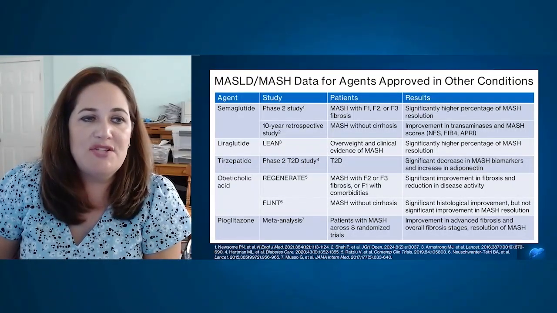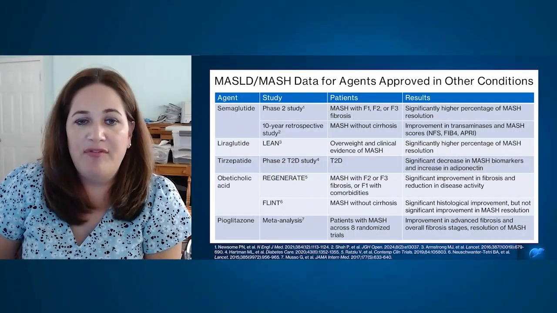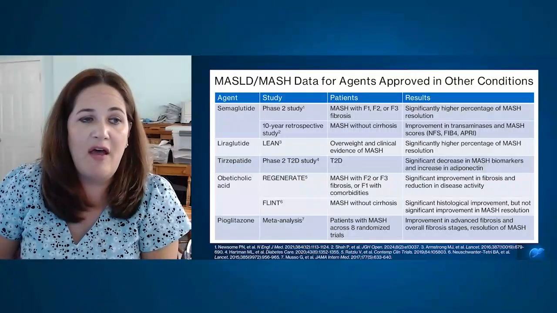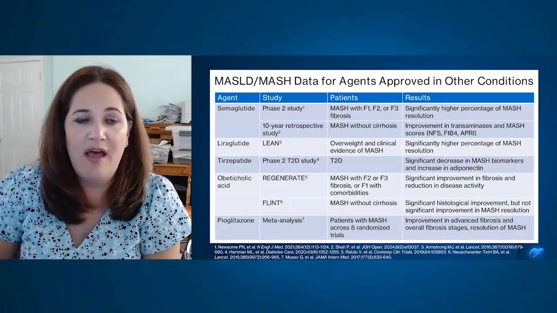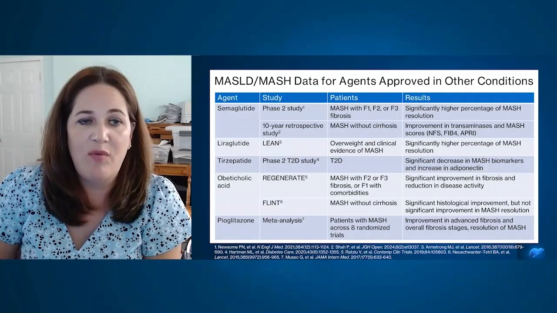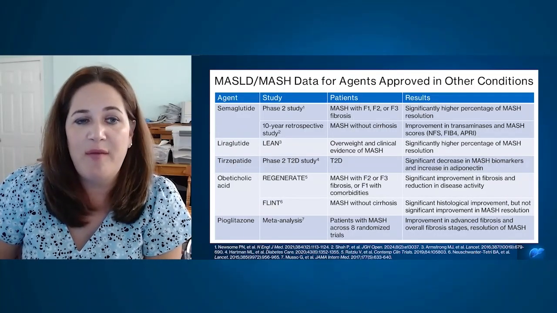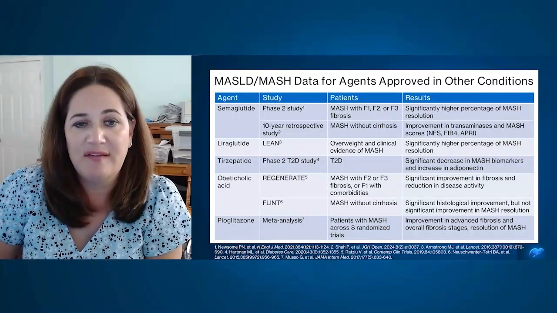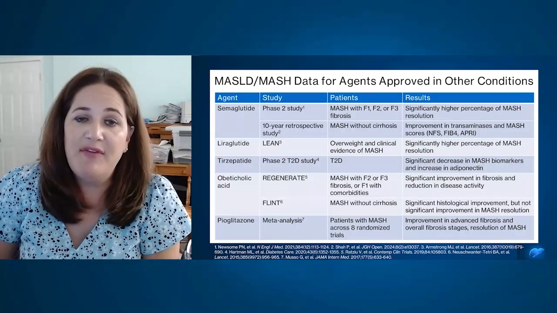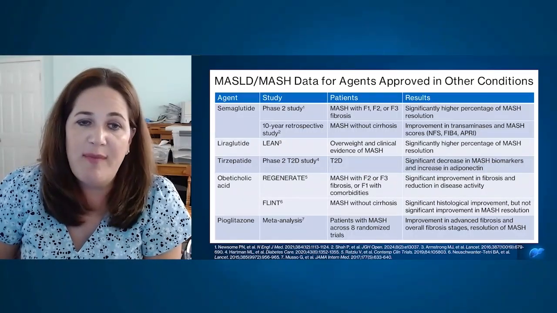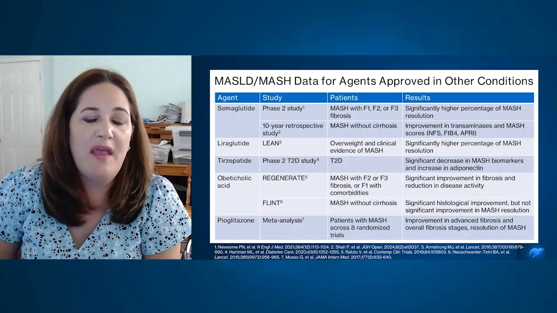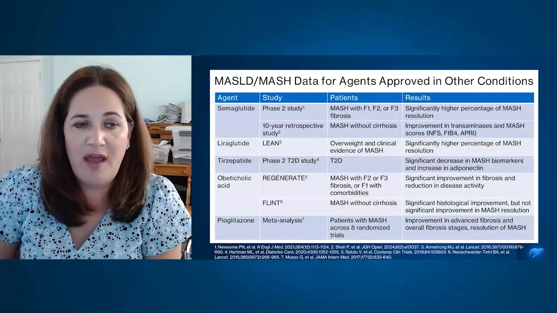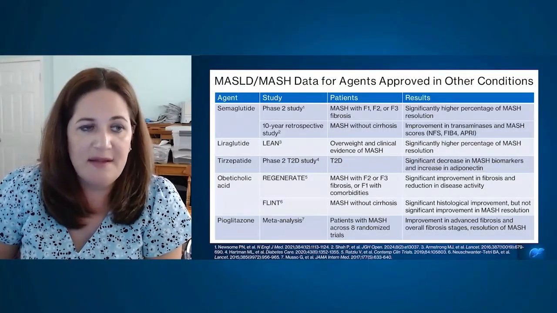There's some MASH and MASLD data for agents approved for other conditions. Semaglutide has been out there for a while, looking at patients with MASH, F1, F2, F3 fibrosis, and MASH without cirrhosis. Results have shown a significantly higher percentage of MASH resolution and improvement in transaminases, but again, not FDA approved for that yet.